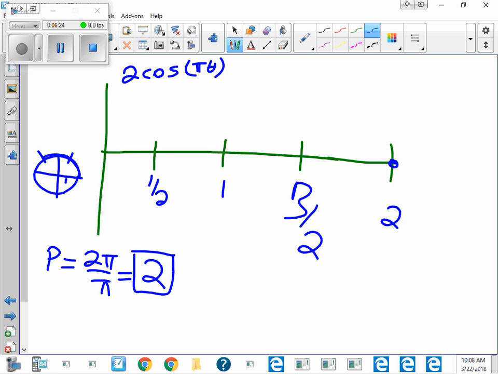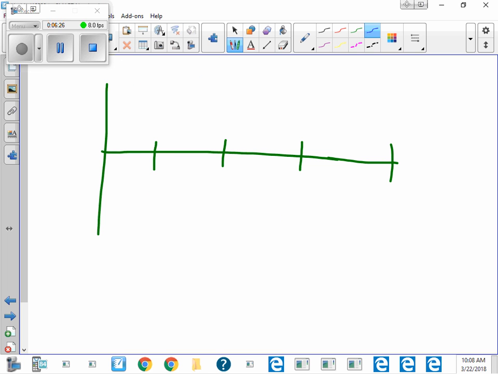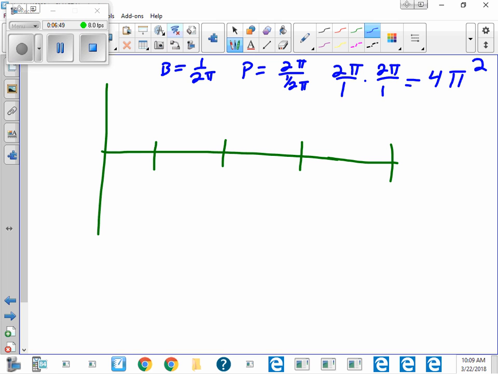Okay, number 10. Your B value is 1 over 2 pi. So the period is 2 pi over 1 over 2 pi. Flip and multiply. 2 pi over 1 times 2 pi over 1 is 4 pi squared.